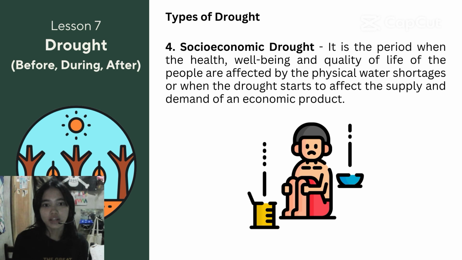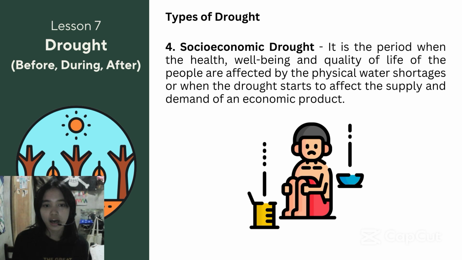Like for example, katong ganina nga tungod sa walay tubig, walay crops nga ma-produce and walay harvest. So, dako gyud siya impact sa tao since ang mga tao man kay kailangan og gulay. So, naay shortages gyud sa atoang vegetables since wala nay ma-harvest ang mga farmers.